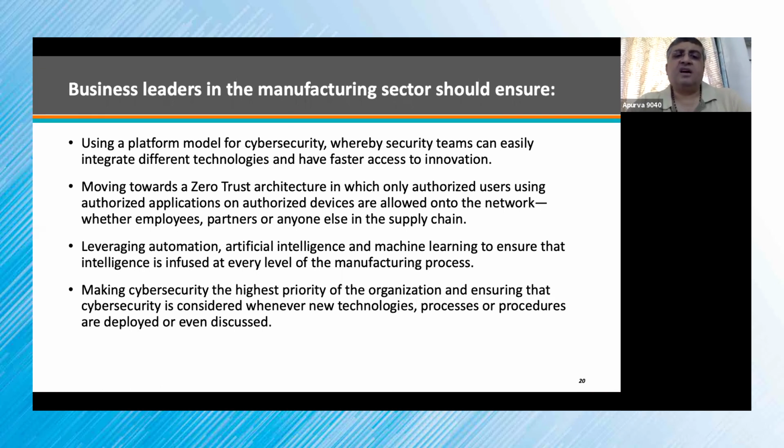Leverage automation, artificial intelligence and machine learning to ensure intelligence is infused at every level of the manufacturing process. When I spoke about CPS and digital twin, the digital twin takes all the sensor data, does all the analytics, applies machine learning, and then gives feedback to the CPS system, so that the CPS system can give feedback to the actual physical system to control the process.